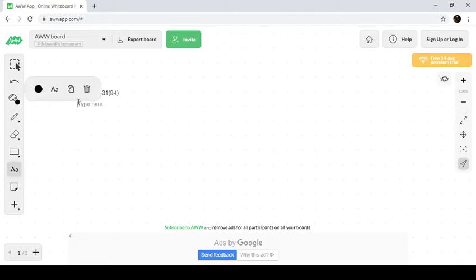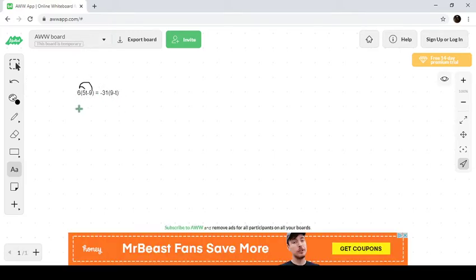So let's see, what do I get once I distribute those? Okay, so 6 times 5t is going to give us 30t. And then 6 times negative 9 is going to give me negative 54.